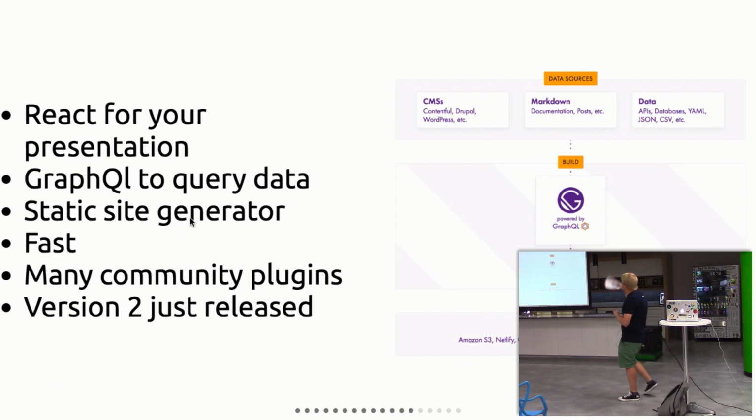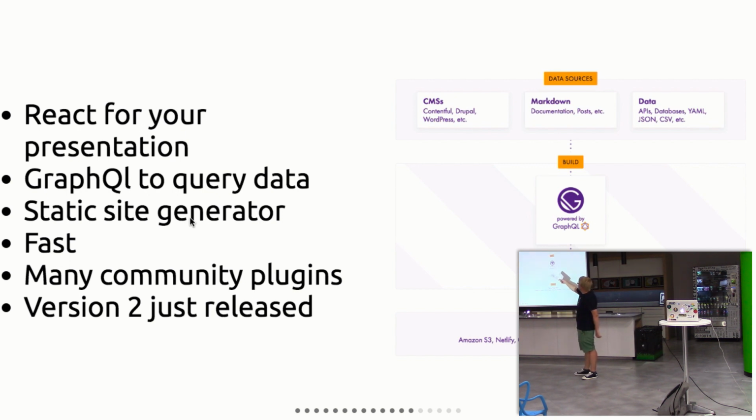This is roughly what it does, but I'll show you in the demo in a second. Basically, you're doing React for your presentation layer. You have something called GraphQL, which is like a unified language to get the data into your views.